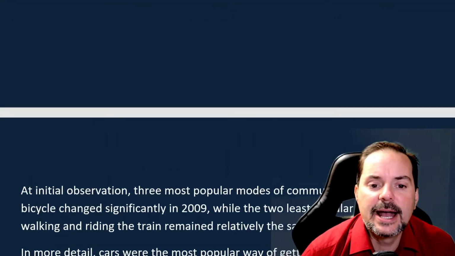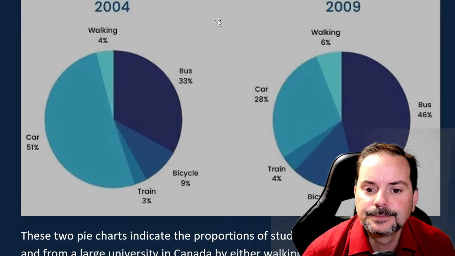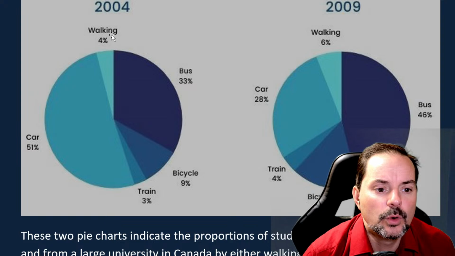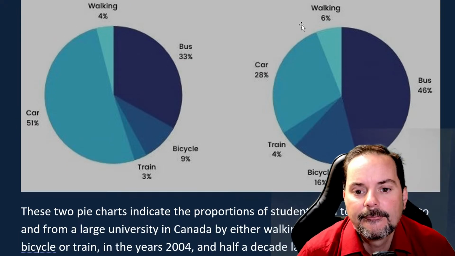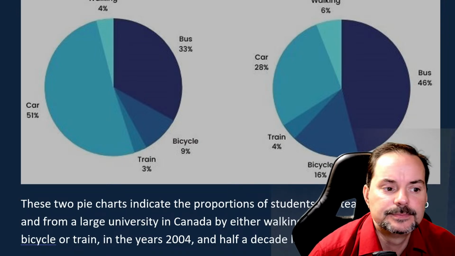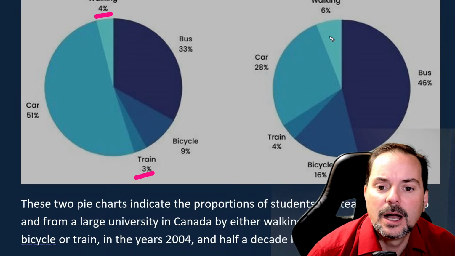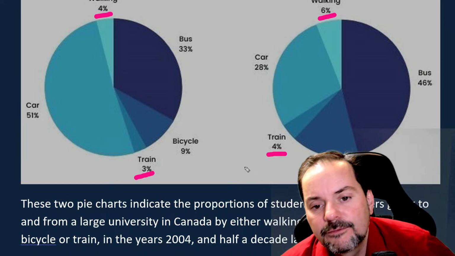Okay, so now we have walking and trains. Okay, so walking is 4%. And here it's 6%, and train is 3% and 4%.